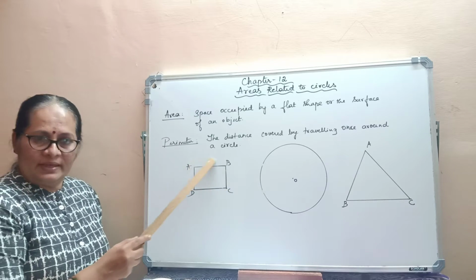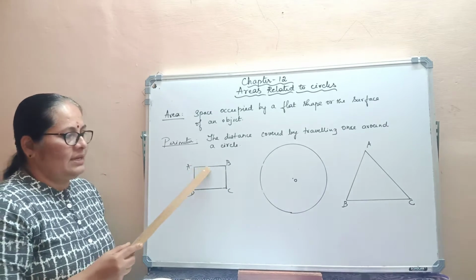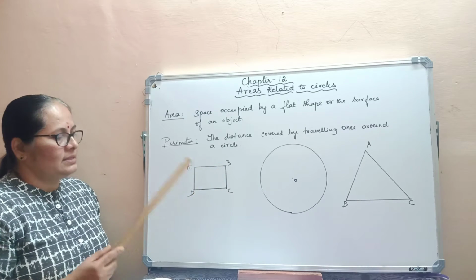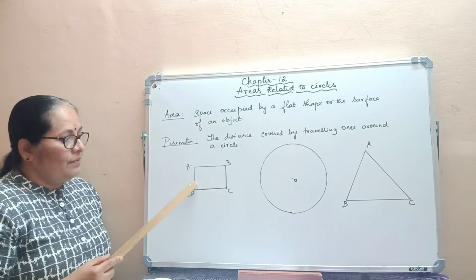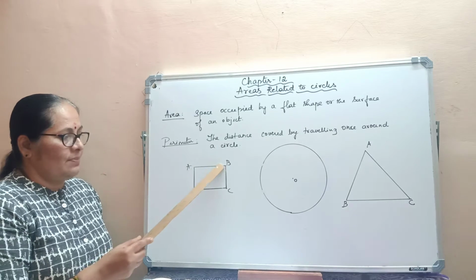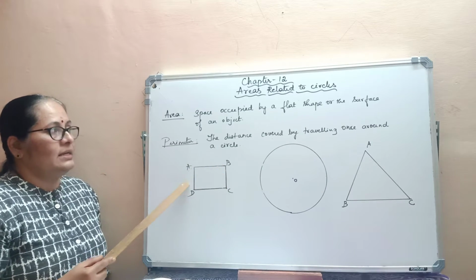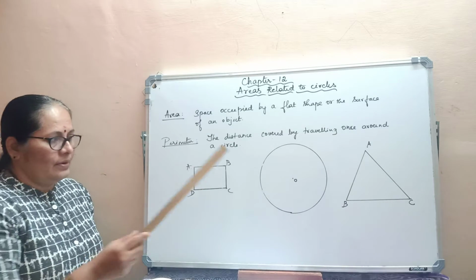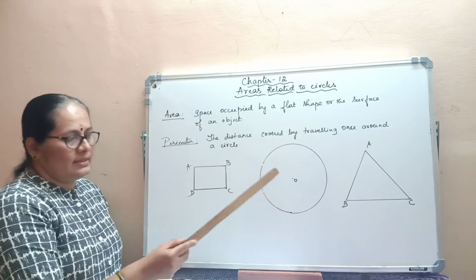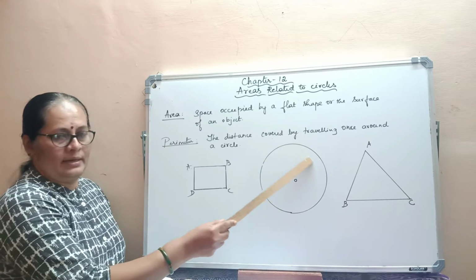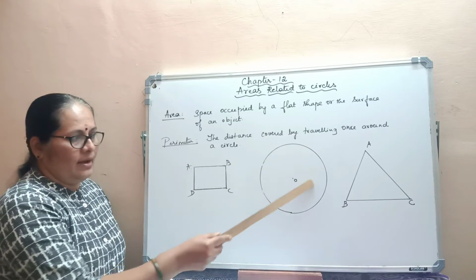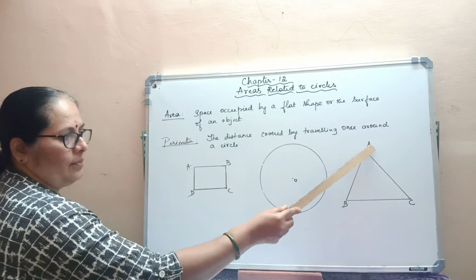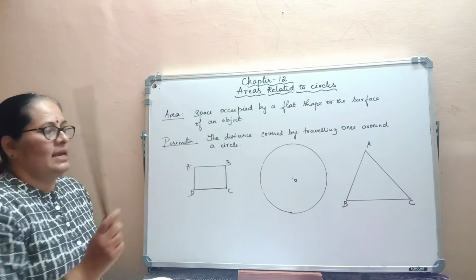The area of this figure is the region within the boundary, that is AB, BC, CD and AD. The space occupied by a flat surface. What is the area of this circle? That is the space occupied here. That is area. Here also the space occupied by this boundary is called area.